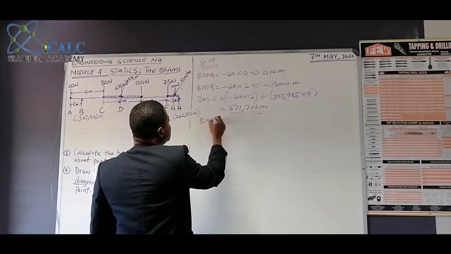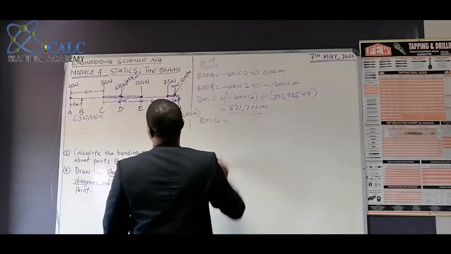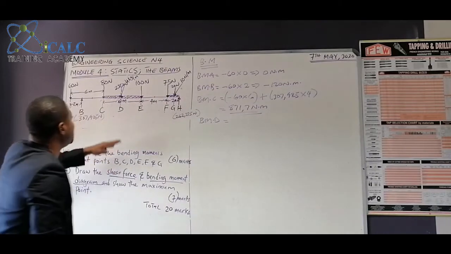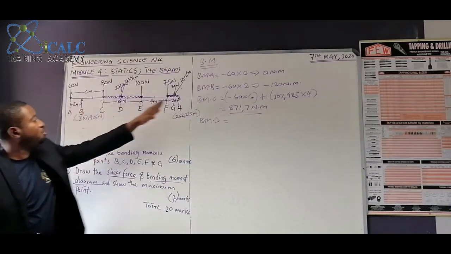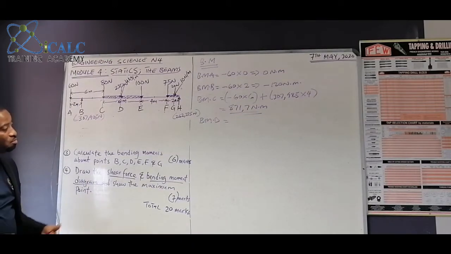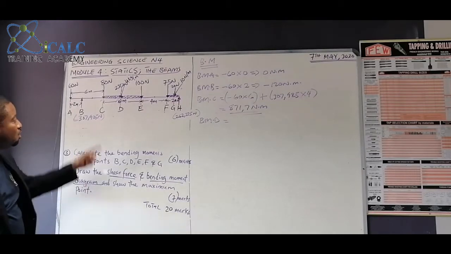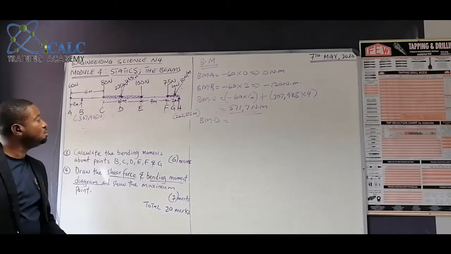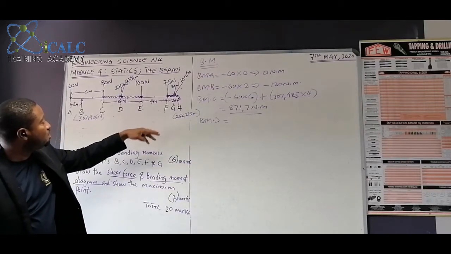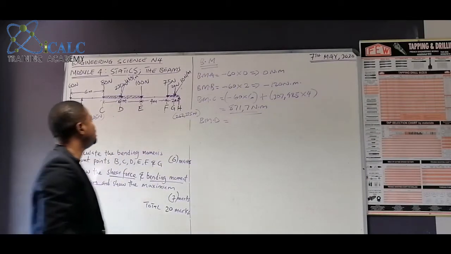For BMD, at this point, you can either start from left or from right, whichever one is easier for you. But not to waste too much time on a question like this, look for the simplest form that can make you understand.